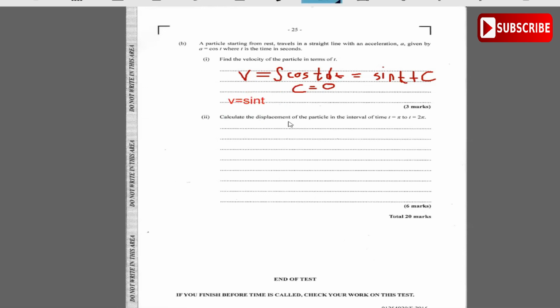Now it says calculate the displacement of the particle in the interval from pi to 2 pi. To get displacement, the displacement is the integral of the velocity. Displacement S is the integral of velocity, and we're integrating from pi to 2 pi.